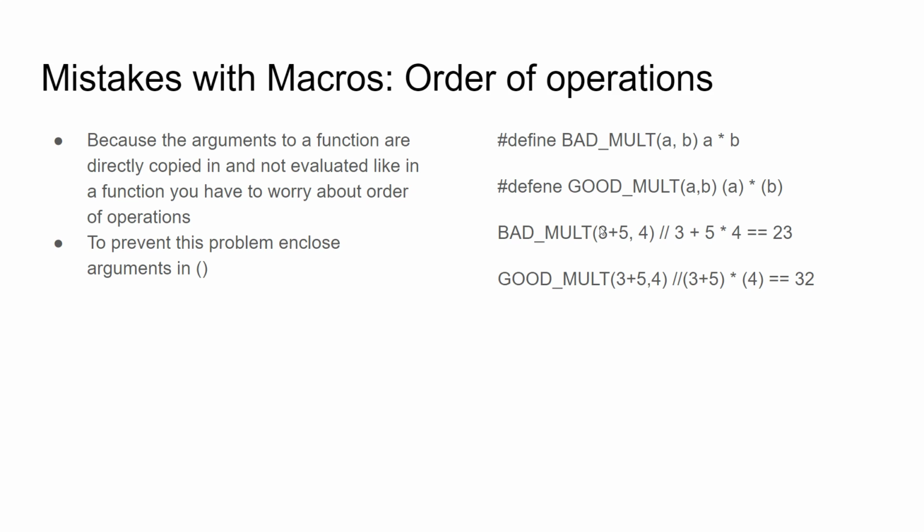That would be evaluated into 8. Then the 4 would be evaluated as 4, and those values would be passed to the function. That's how macros and functions differ. It's literally copy-paste. But the good mult, notice it has parentheses around A and B. So now we have 3 plus 5 in parentheses times 4 to give us the answer that we actually desired.